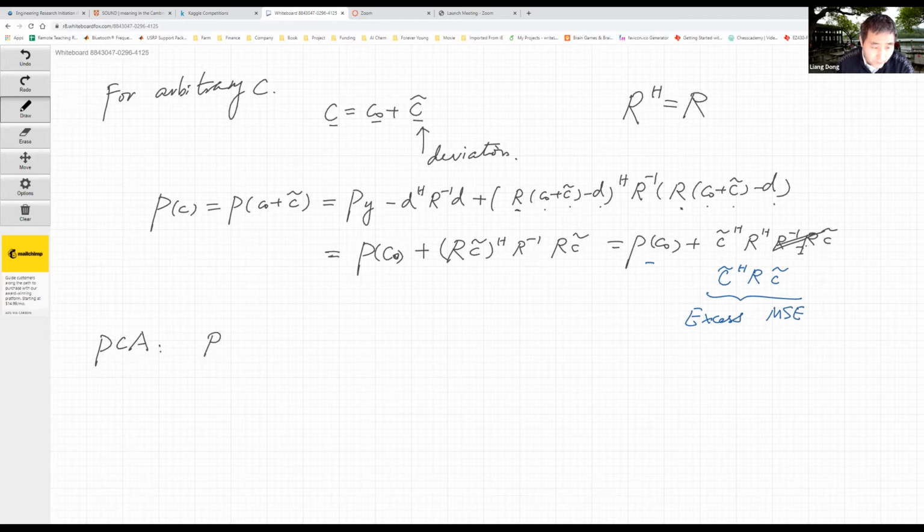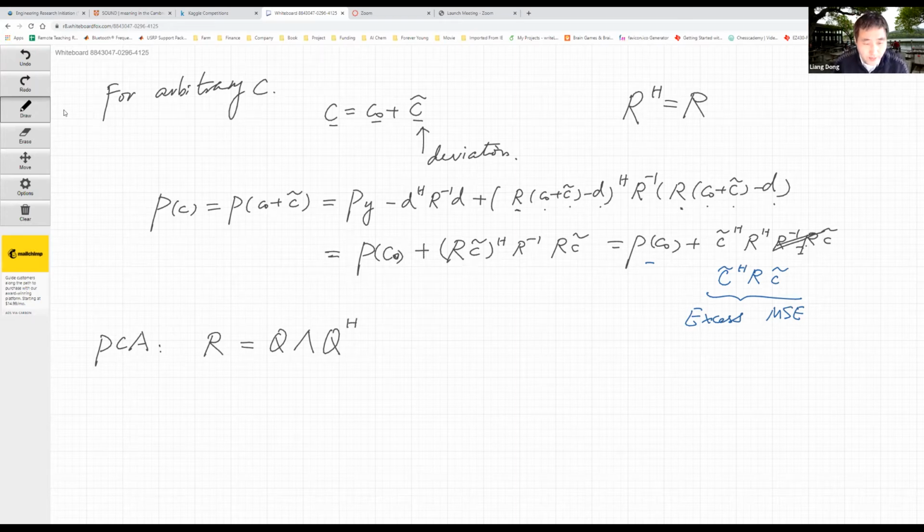So for the eigenvalue decomposition for R, we have Q lambda Q Hermitian. R is a square matrix. R is the autocorrelation matrix, so it's square. It's M times M. And because of the feature of this autocorrelation matrix, it is a Hermitian matrix.